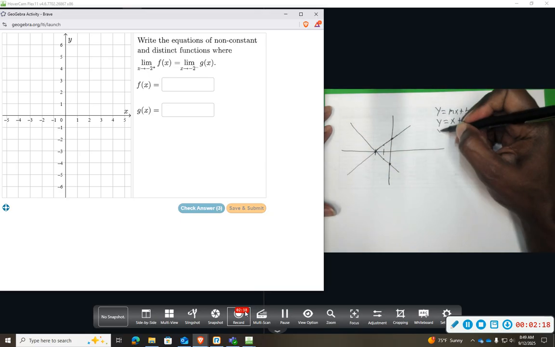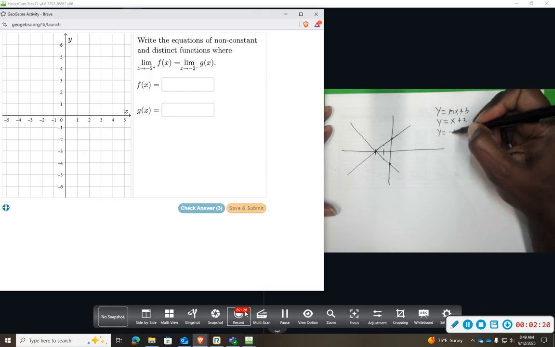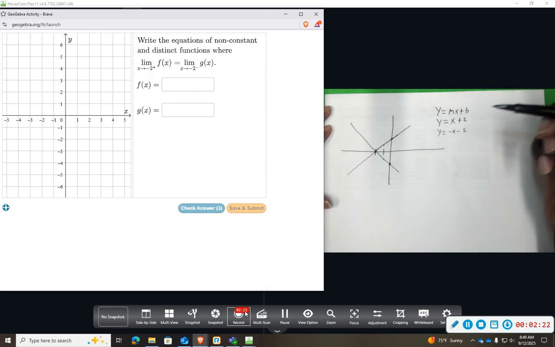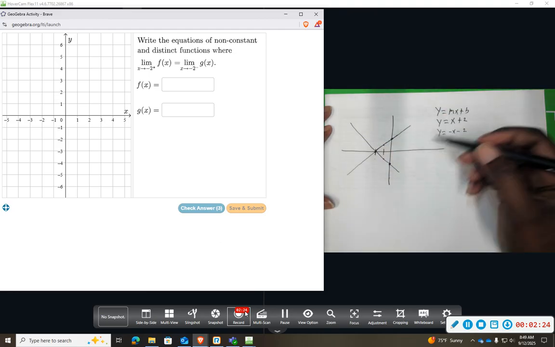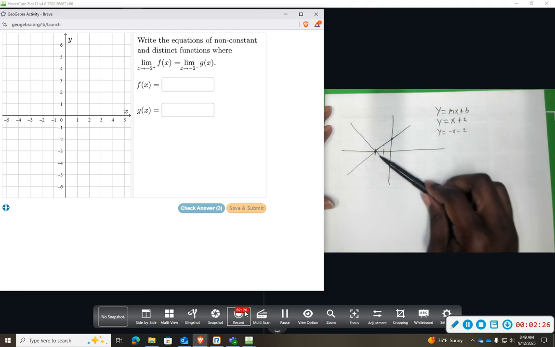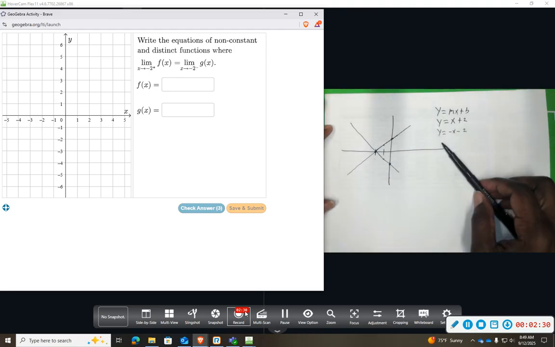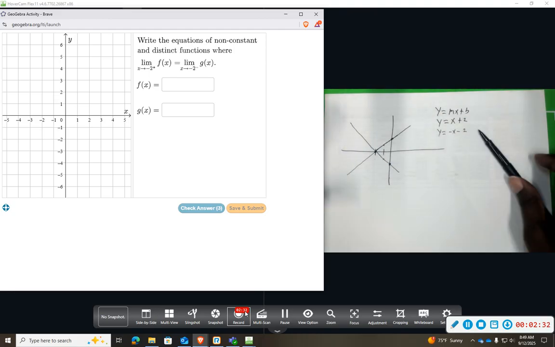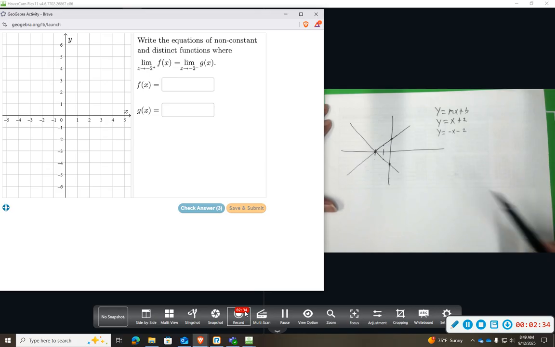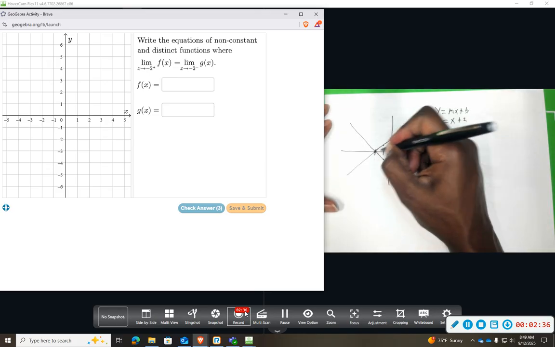So y equals -x minus 2. And both of these equations, as they approach the number -2 from left or right, I just made it work from both sides because it was easier. From left or right, they equal the same thing, which is 0.